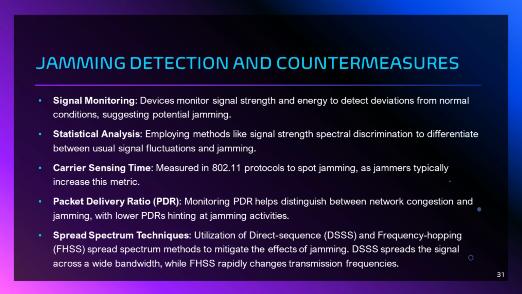Packet delivery ratio, PDR: you can monitor packets and distinguish between network congestion and jamming, with lower PDRs hinting at jamming activities. So this is how much of your information is actually making it through.